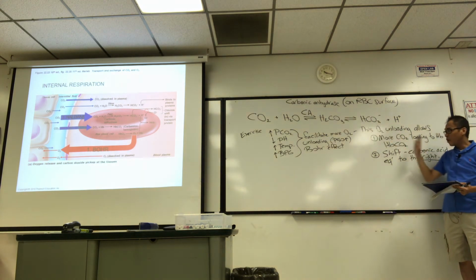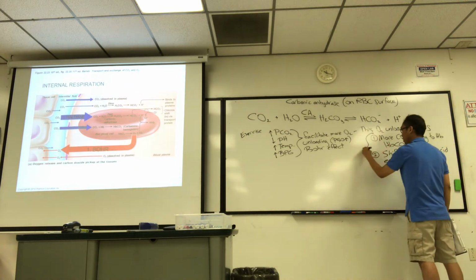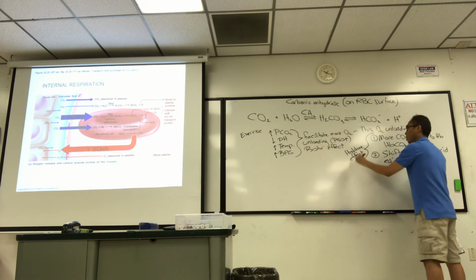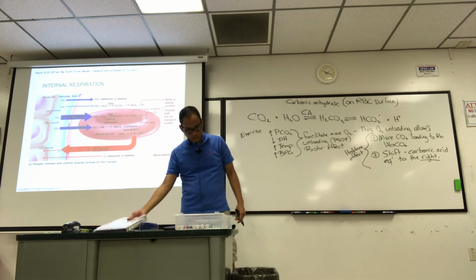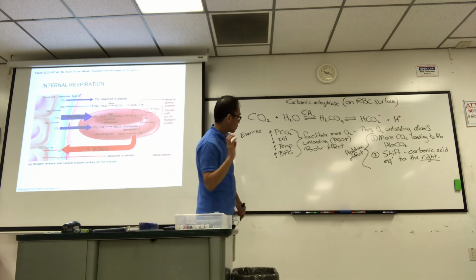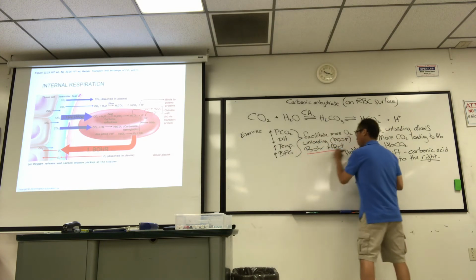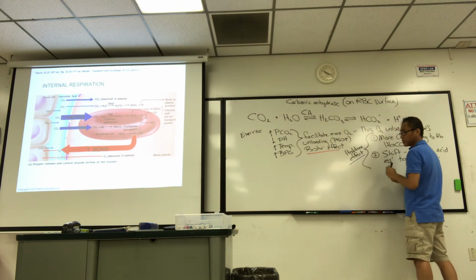So both of those things, you're just getting more CO2 into the blood. And of course, the name for that is Haldane. So consider number one the Bohr effect, and number two the Haldane effect, which basically follows as a result of Bohr. First the Bohr effect happens, more unloading, so you get more CO2 loading, and that's Haldane.